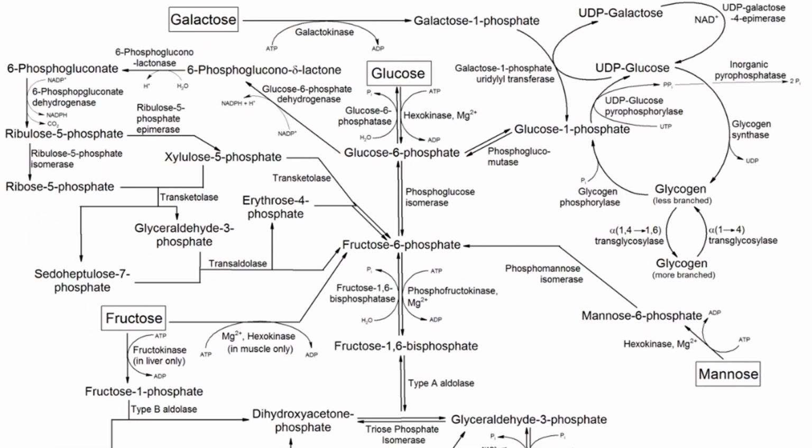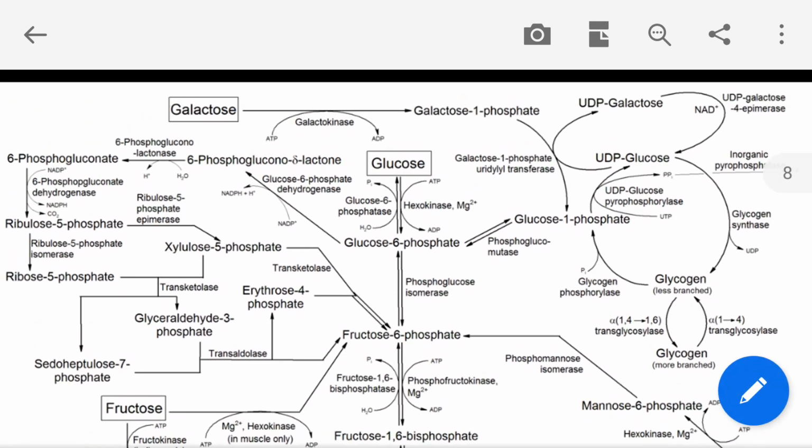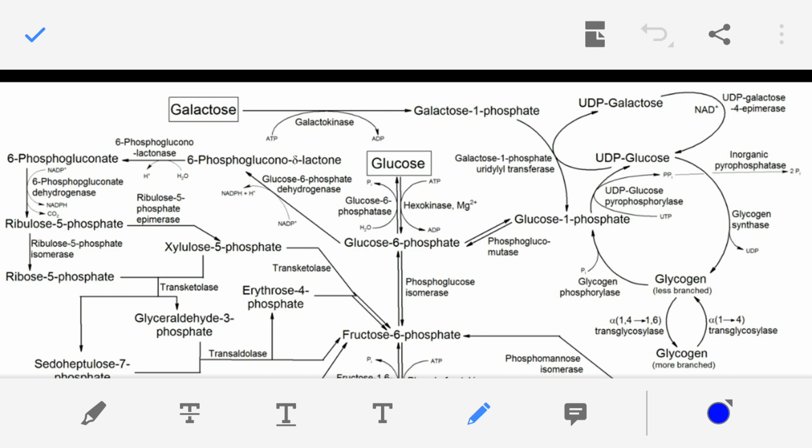Now, what happens to galactose in our body? In our body cells and liver cells, with the galactokinase enzyme, ATP is converted into ADP, so a phosphate is added to galactose.